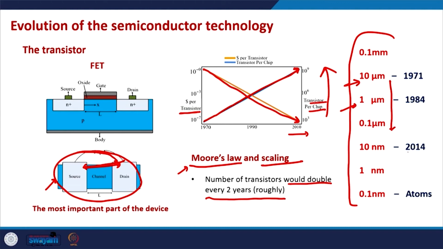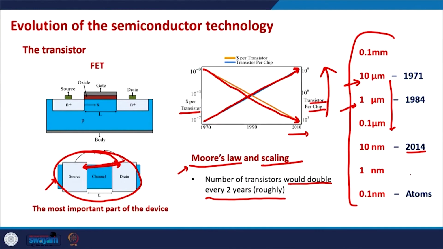In 2014, we had transistors with a channel length, or active region length, of tens of nanometers. And now that's an interesting thing. In 2020, 2021 or 2022, the semiconductor technology node that we are working with is around 5 nanometer or even 3 nanometer.